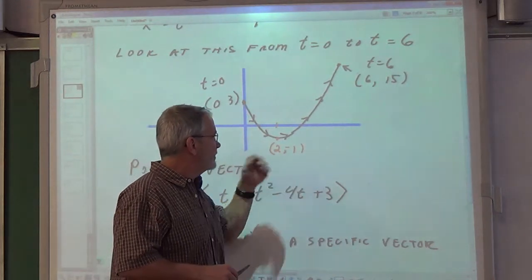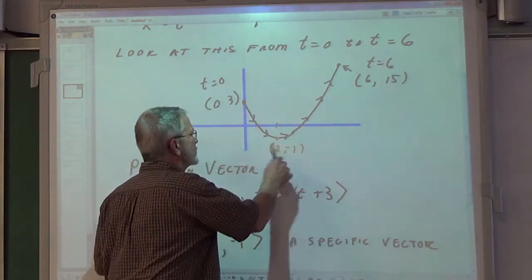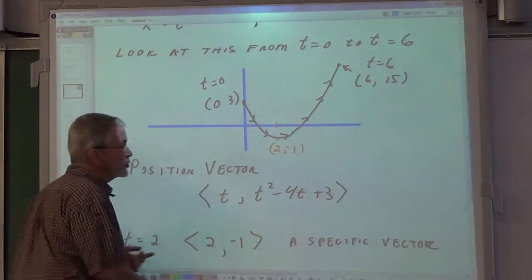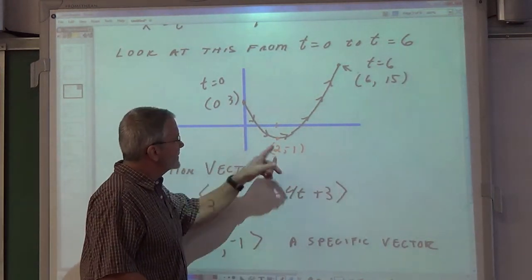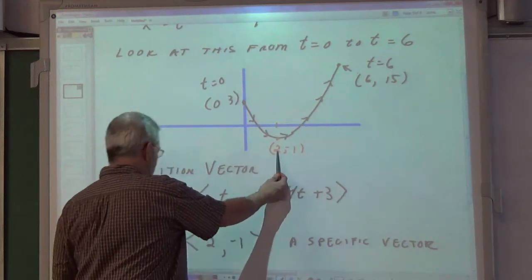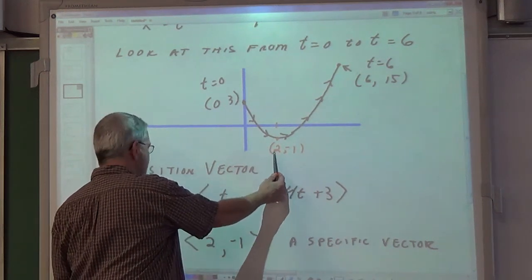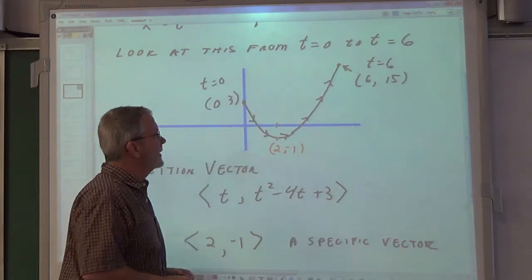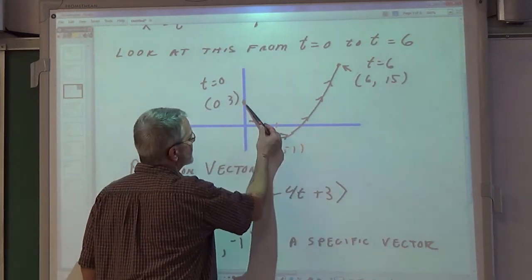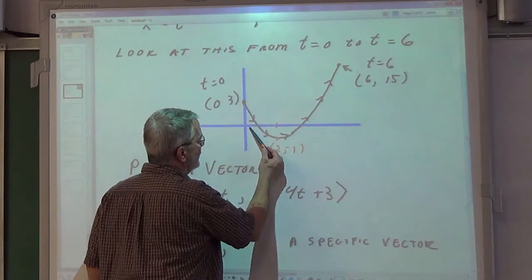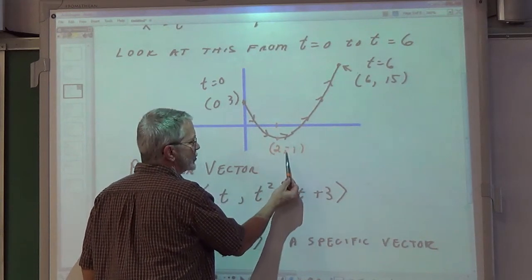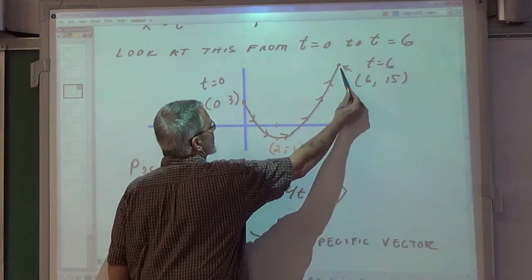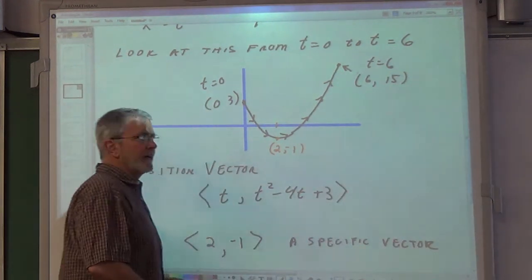Then at this point here, 2, negative 1, which happens at t equals 2, and it's not a coincidence that this 2 and this 2 are both 2, they don't relate. This bug starts out going down, and then at time t equals 2, he's at the point x 2, y negative 1, and then the y starts increasing.